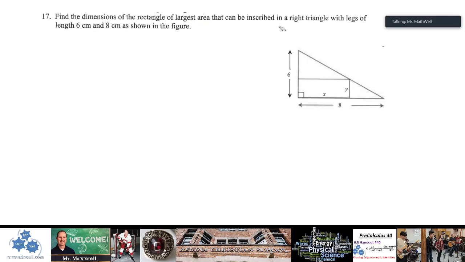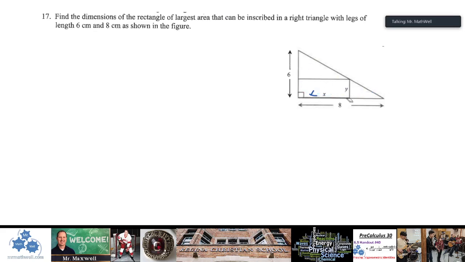Inscribed means that the rectangle is contained inside the triangle in this fashion, so we have one point that's actually on the hypotenuse. So the rectangle could look something like this. Okay, that could be the rectangle, or it could be really, really short and long. Could be like that, right? So those are the types we're looking for.